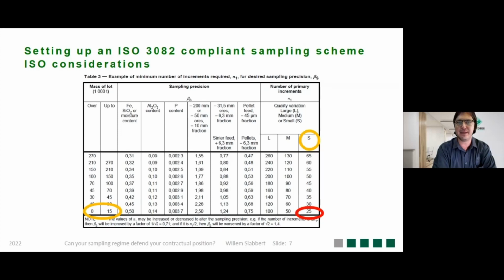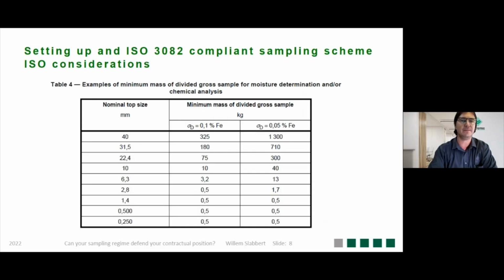We then consider table 3 of the ISO standard, which tells us the example of the minimum number of increments required for a desired sampling precision level. If we consider that we have small quality variation ore and we have a lot size of 0 to 15,000 tons, we can conclude in the red circle that we need 25 primary sample increments that must feed into our composite sample to be ISO compliant.